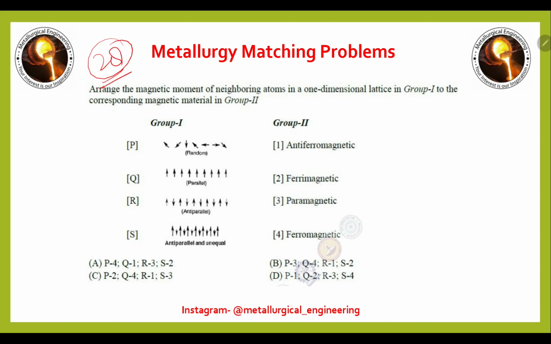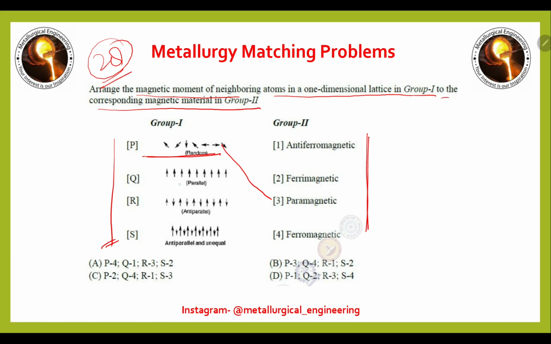The 28th problem. In this problem, the magnetic moments of neighbor atoms in a one-dimensional lattice are in group 1, and the corresponding magnetic materials are in group 2. So this kind of magnetic moment matches with the paramagnetic material, and where all the spins are aligned in a single direction, that matches with ferromagnetic material.